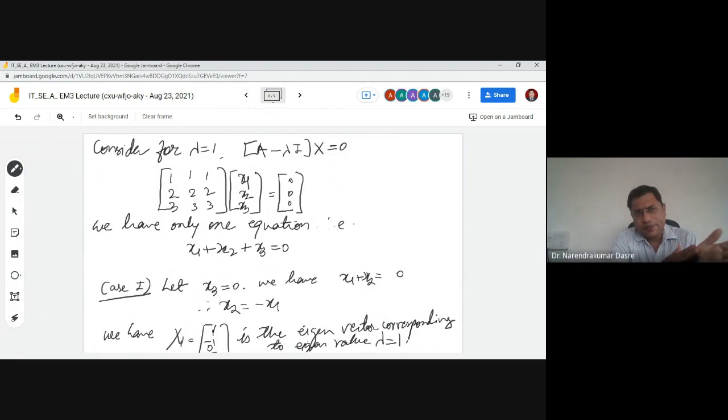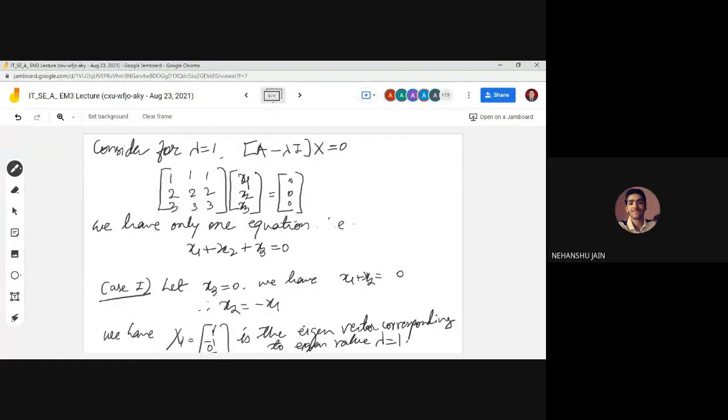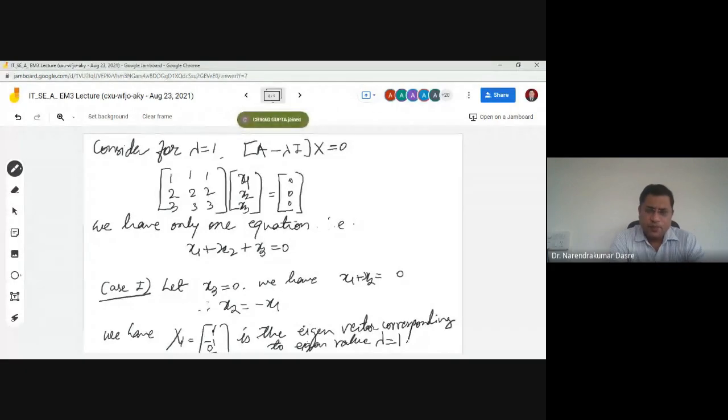There can be at the most as many linearly independent eigenvectors as the number of times the eigenvalue is repeated in the characteristic equation.